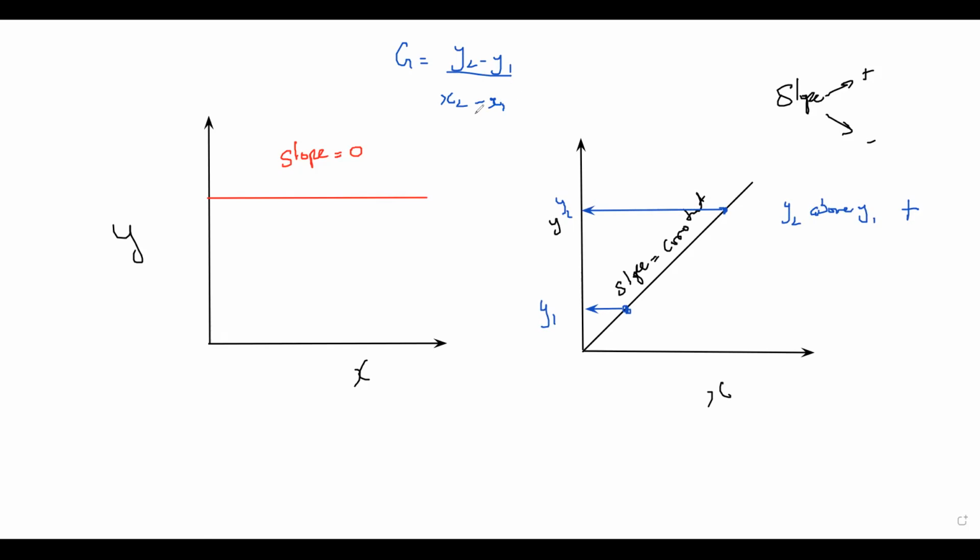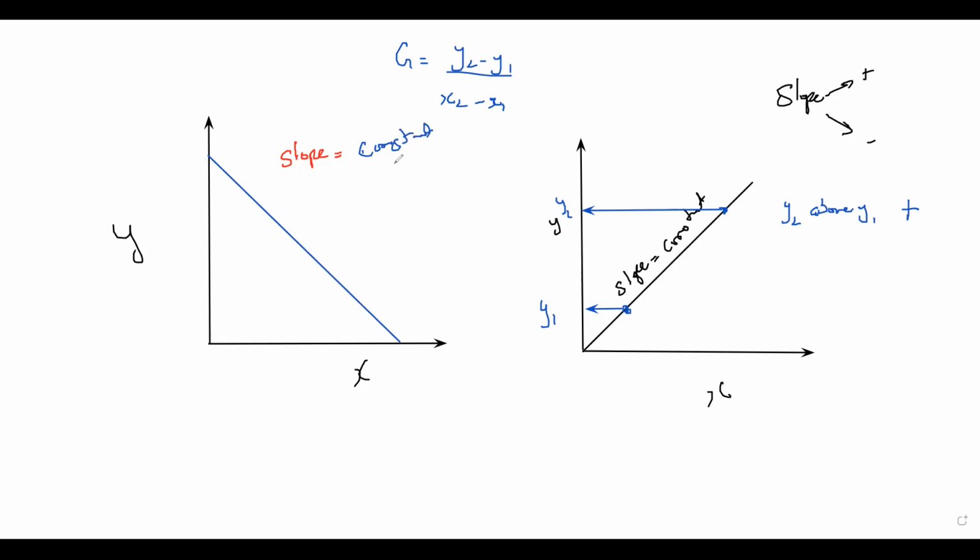But what about the negative example? If we have another graph like this, and we want to identify whether the slope is positive or negative: because it is a straight line, the angle is not changing, so we say slope is constant.